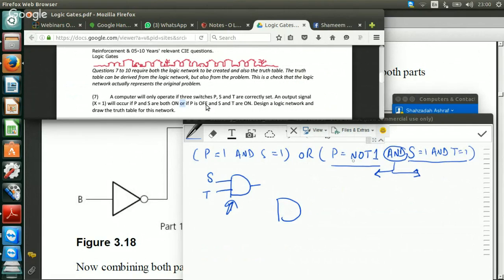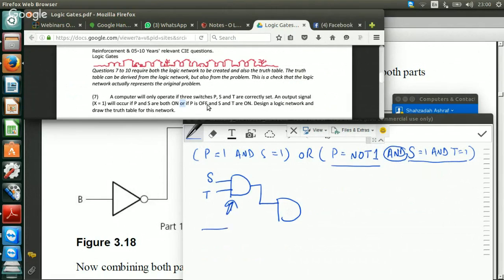So this will become the input of this AND gate, and this is what? P is 0, or not 1. So this is the second input of this AND gate. So this is the AND, and this is the AND.